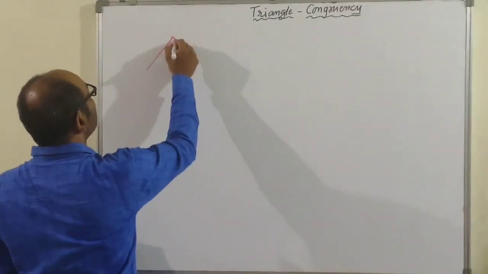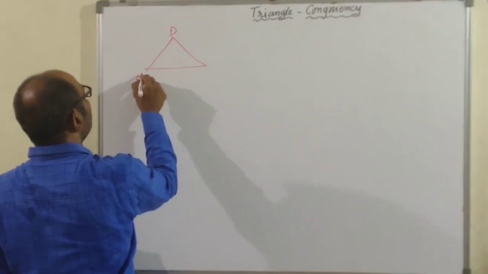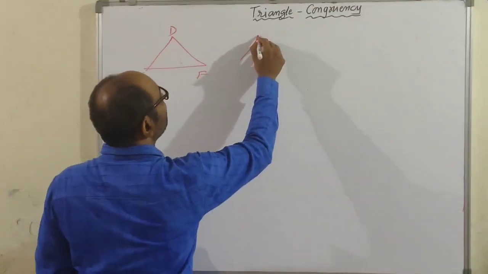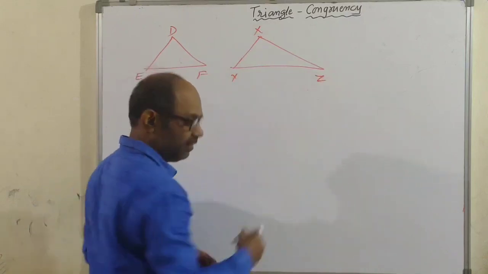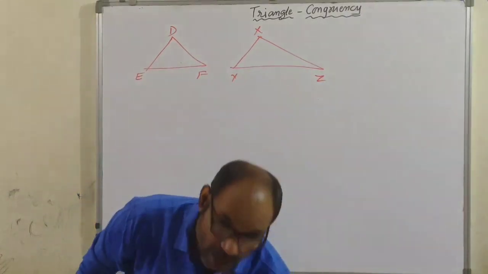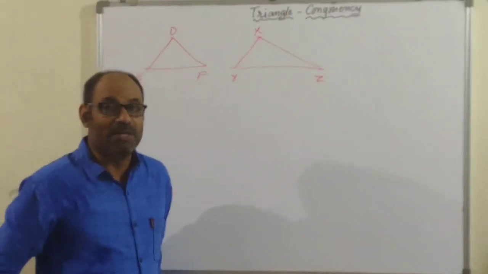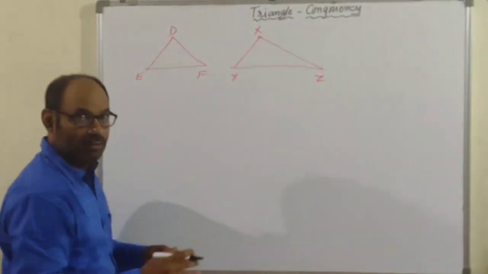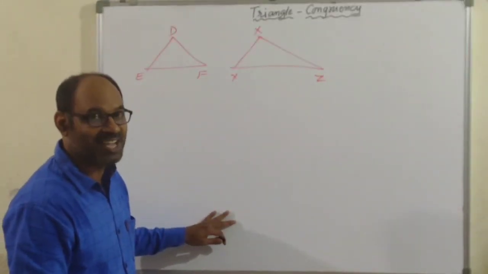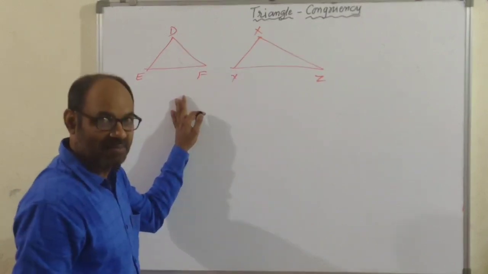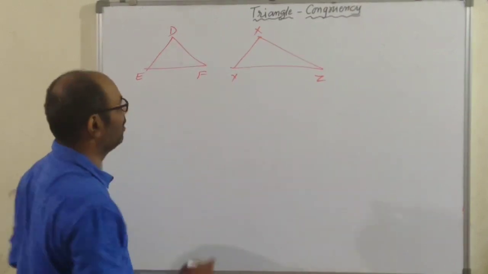Let's say this is triangle DEF and this is triangle XYZ. How many correspondences are possible between these 2 triangles? Very easy to write. We may have taken time to understand the correspondences between guests and chairs, but here it will be very easy because I am going to show you a trick.